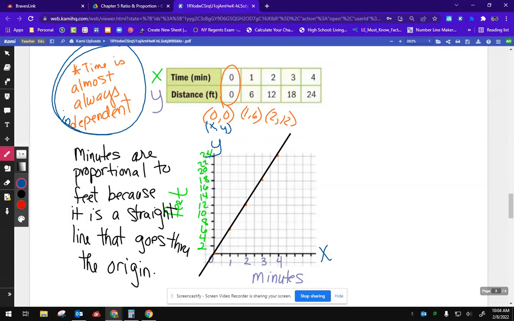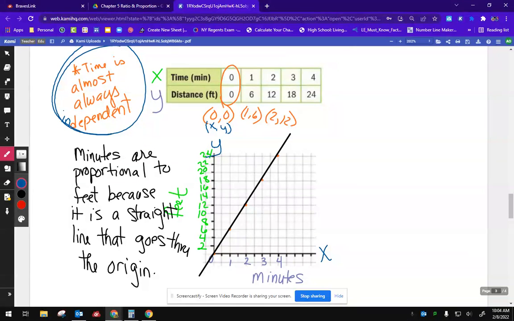Plot 2, 12. Plot 3, 18. Okay? And connect them. What do you get? A line. It's a straight line, isn't it, guys?